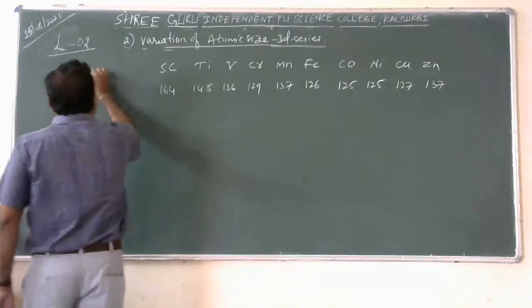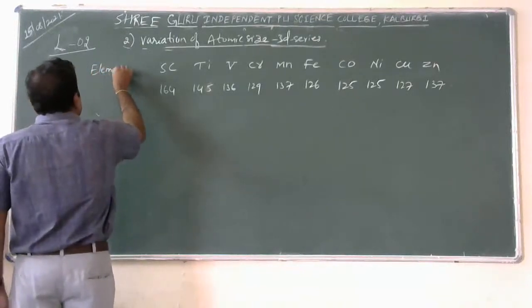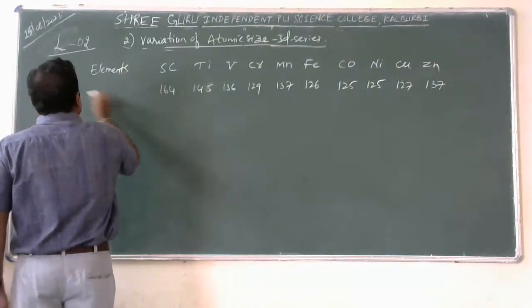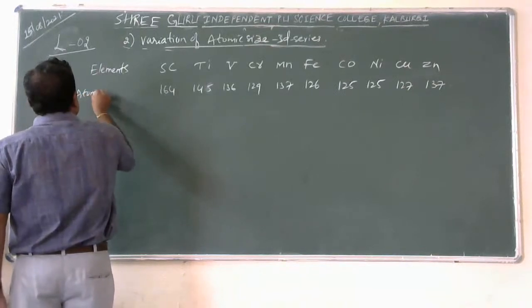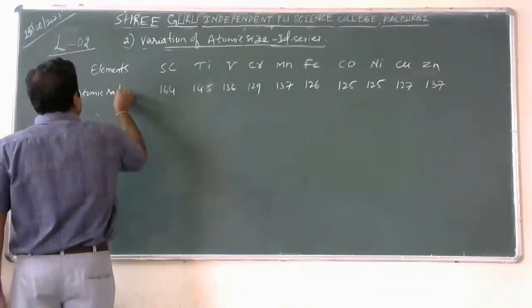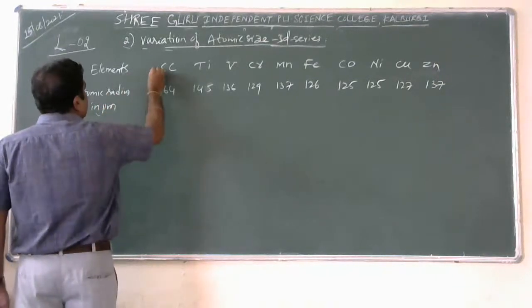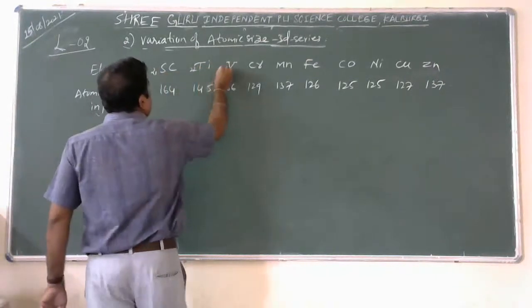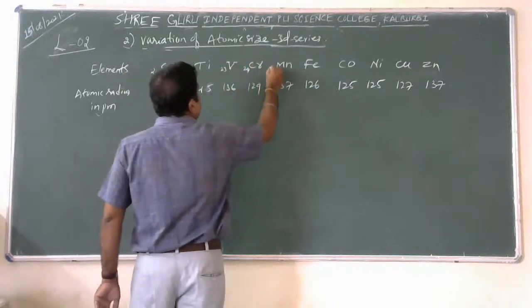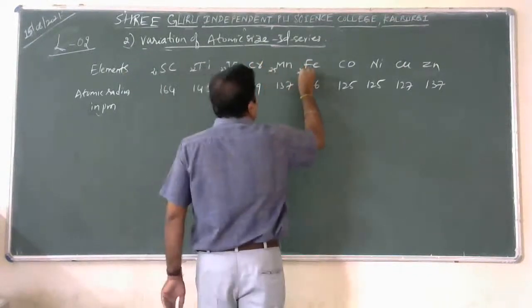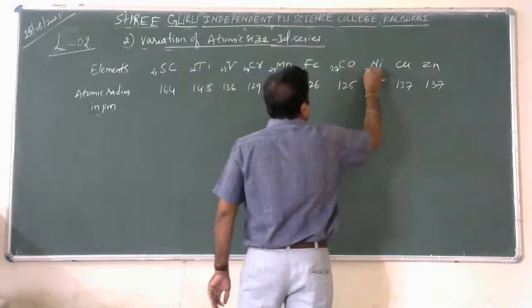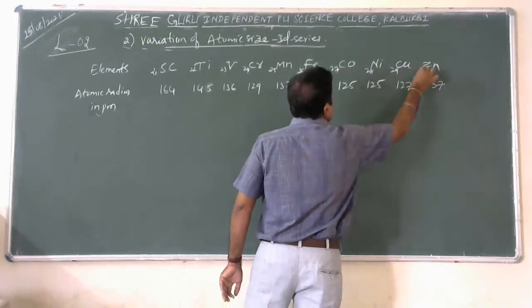These are the elements with atomic numbers 21, 22, 23, 24, 25, 26, 27, 28, 29, 30, and these are the atomic radii in picometers.